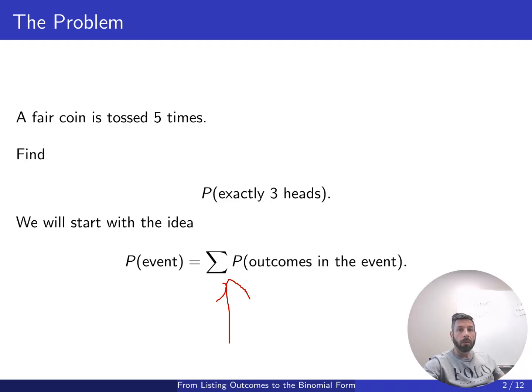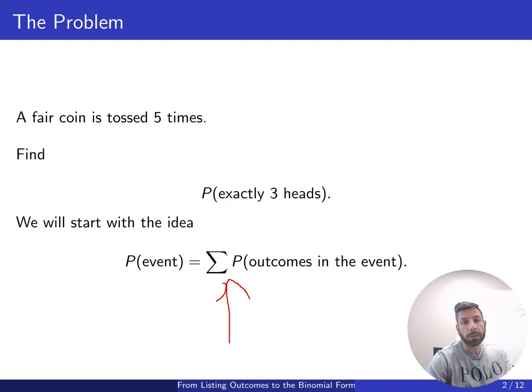Now, the problem with solving something using this strategy is that we usually have to count. And counting can, on one hand, be simple, but oftentimes it can be quite tedious, particularly if we have to count large numbers.